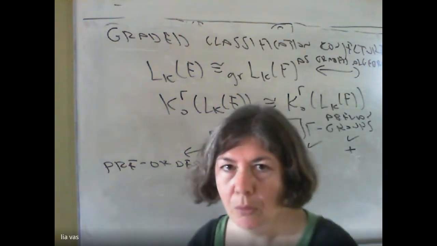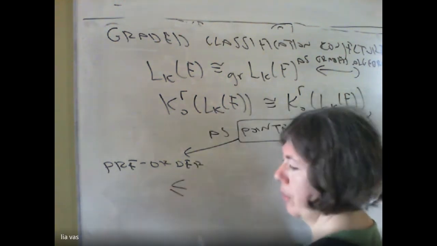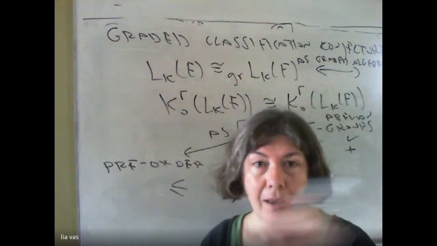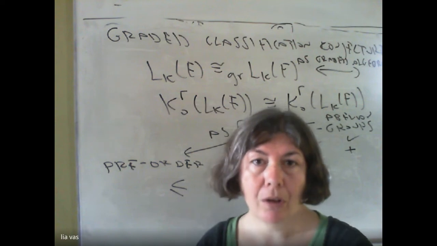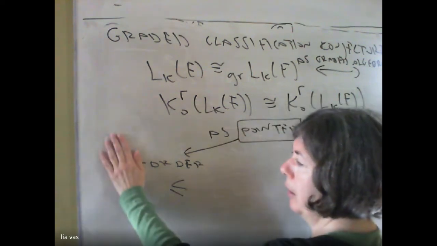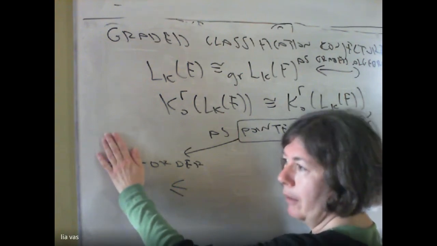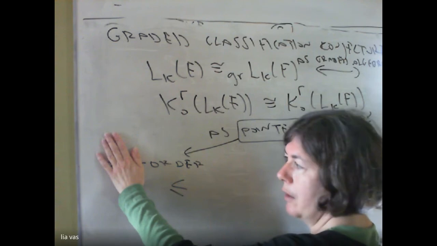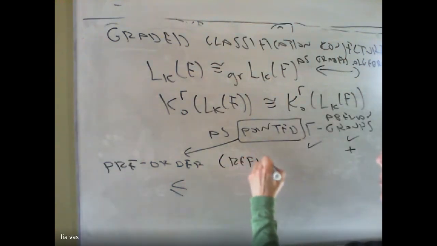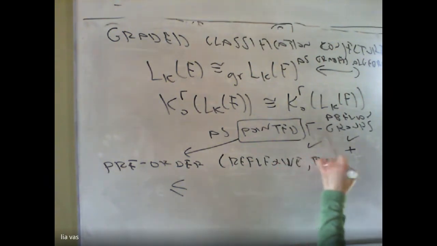That means that you have a binary relation, in this case we will say less or equal to, which is reflexive and transitive, but not necessarily anti-symmetric, right? So an order, without the pre, is reflexive, anti-symmetric, and transitive, and a pre-order is just reflexive and transitive.